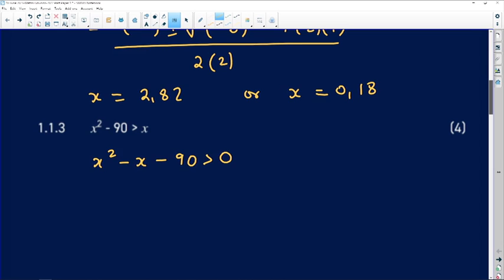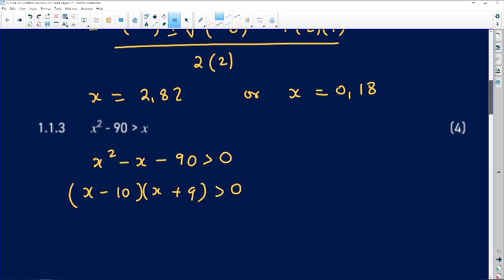All right. Now the quadratic on the left hand side can be factored because we're trying to figure out what we call the critical values of this particular inequality. I think 10 and 9 will give us 90. And they will give us negative 1 when 10 is negative and 9 is positive. So what you're going to have here is what we call the critical values.